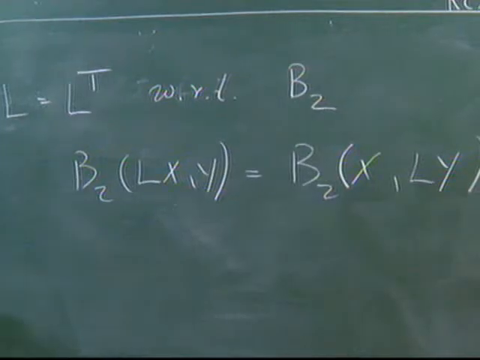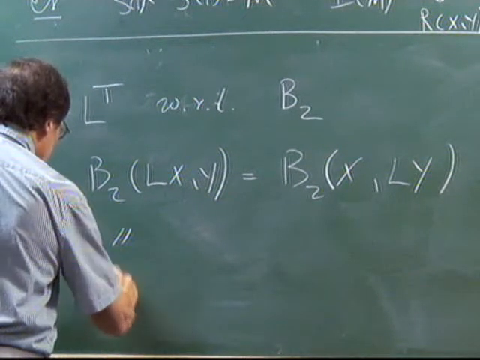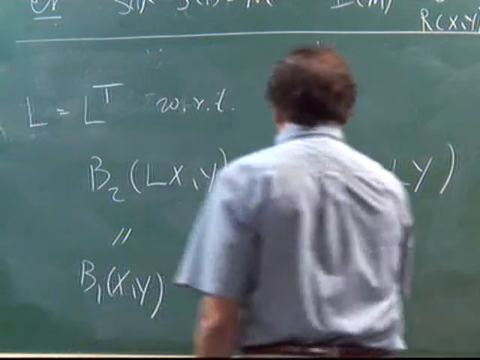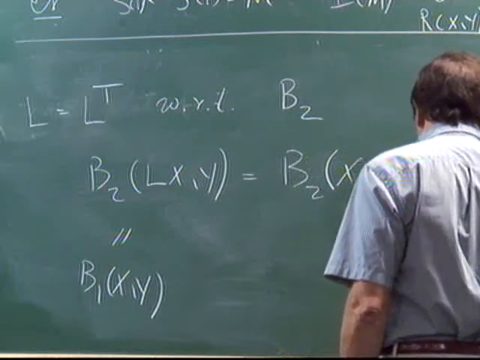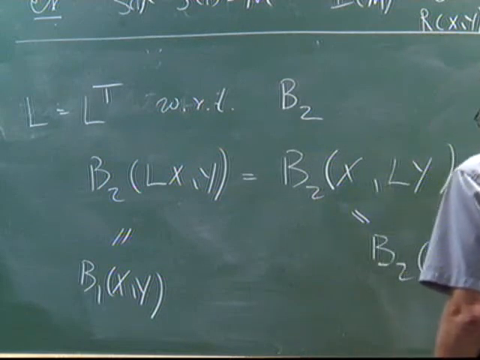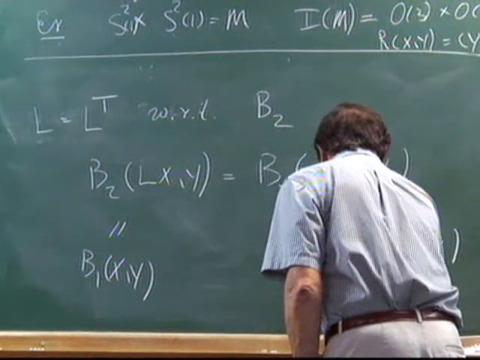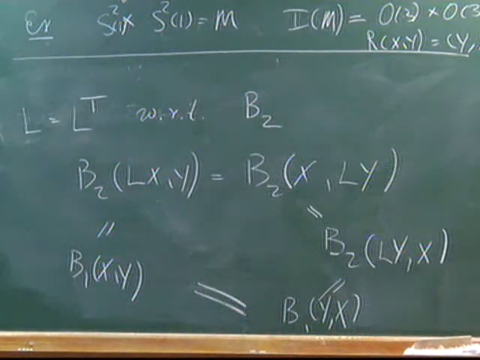That's what symmetric means with respect to the inner product. Well, what is B2 of Lx, y? This is B1 of x, y by definition. And this here, by symmetry of B2, is B2 of Ly, x. By definition of B1, that's B1 of y, x. And these are equal by symmetry of B1. Okay, symmetry of both of them together implies that this endomorphism is a symmetric endomorphism.